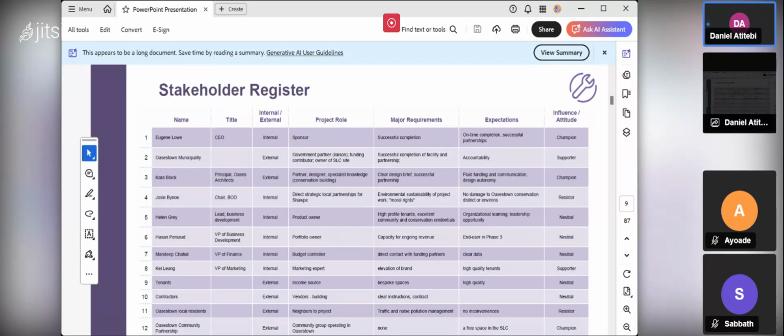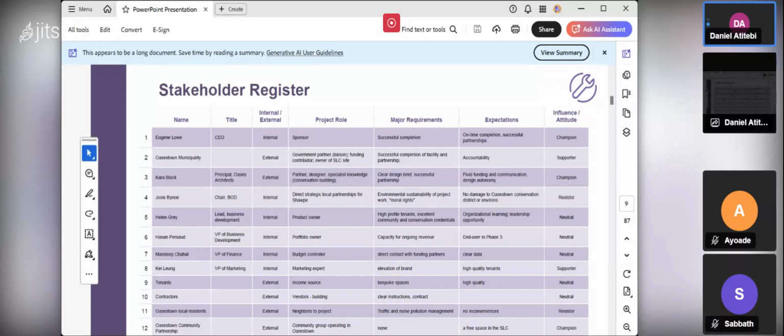You should be on time, and have a successful partnership. That means you and him or your team members continuously engage in the engagement loop. Then he is a champion. That's the influence. He's the one that championed the project, and he's also the one that sponsored the project. And his requirement is what? Successful completion.